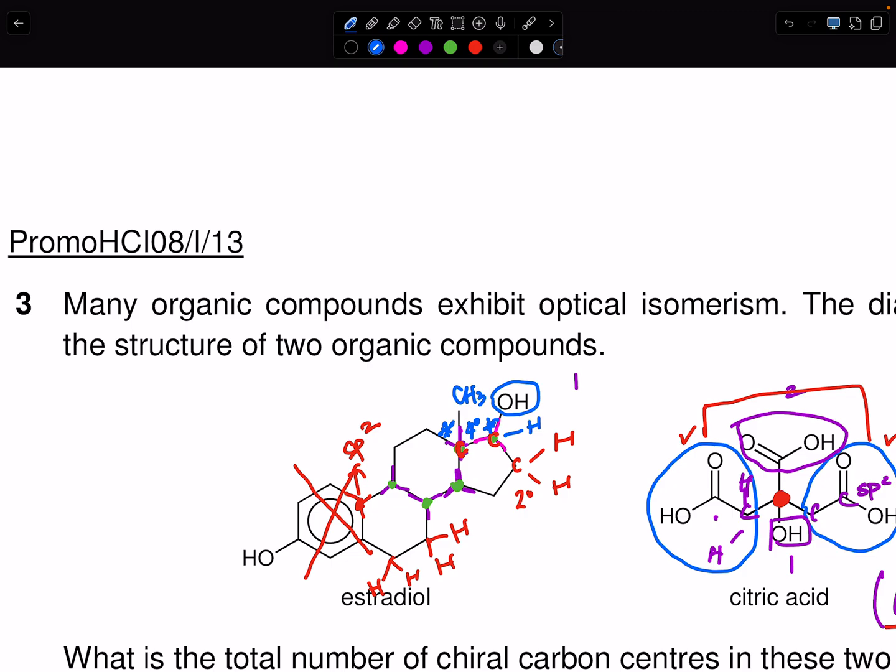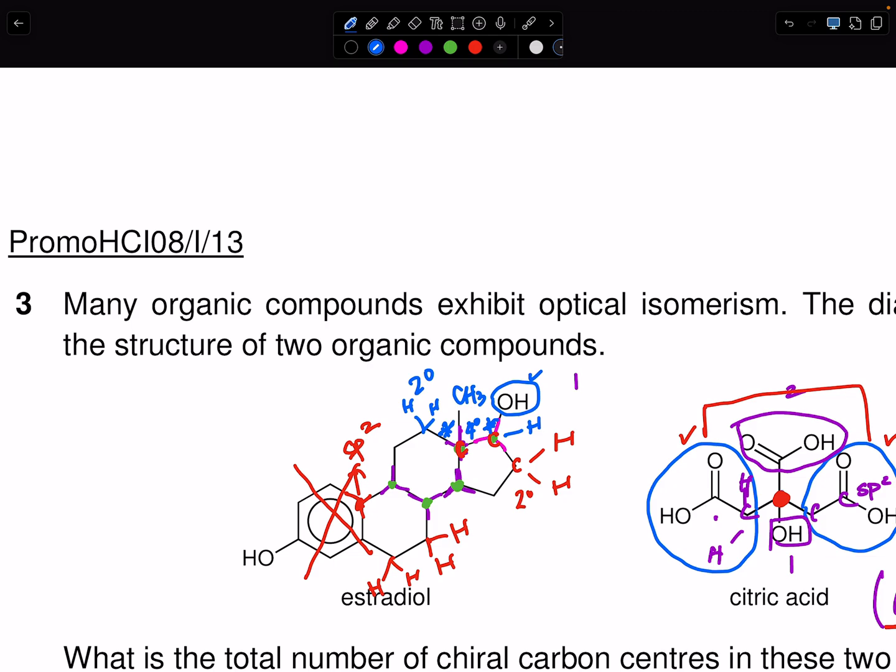And then this one is what type of carbon, guys? This is secondary carbon, right? And then to the right of it is a tertiary carbon, right? And then to the bottom is another tertiary carbon, correct or not? But the tertiary carbon is different from the tertiary carbon below. Why? Because the tertiary carbon has an OH group. The tertiary carbon below doesn't have. So that's the reason why they are different.